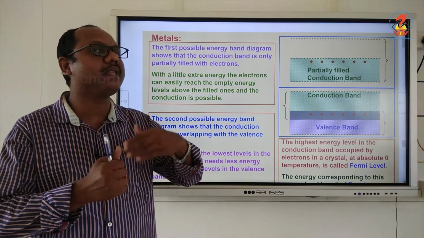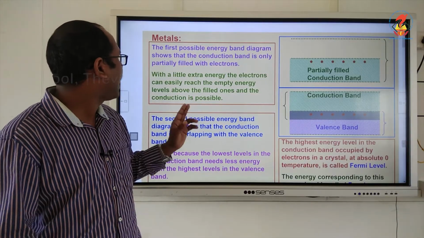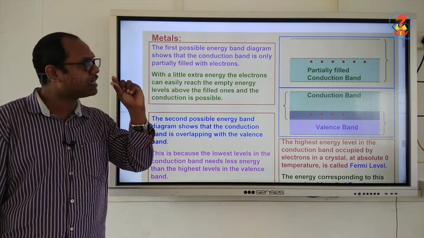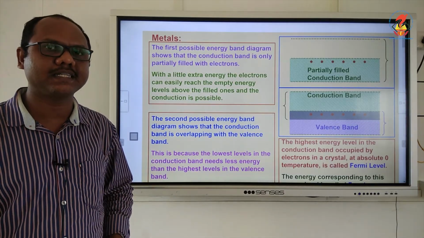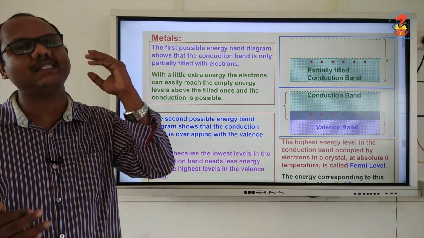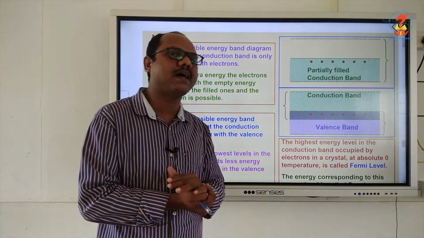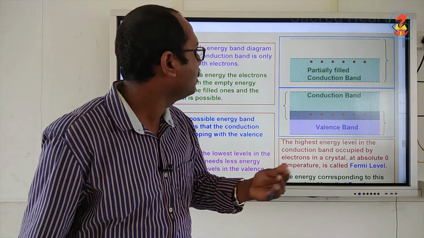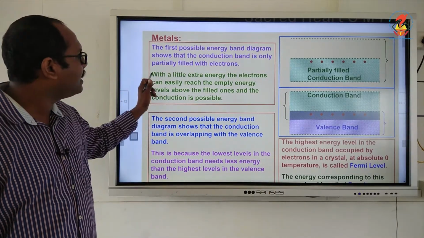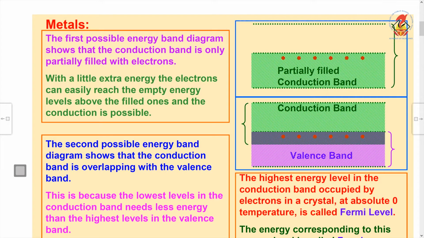So there are some electrons in the conduction band, and there is a very small gap between valence band and conduction band. The gap is very small, so that most of the electrons in the valence band can cross to the conduction band. Now, with a little extra energy, the electrons can easily reach the empty energy levels above the filled ones, and conduction is possible.